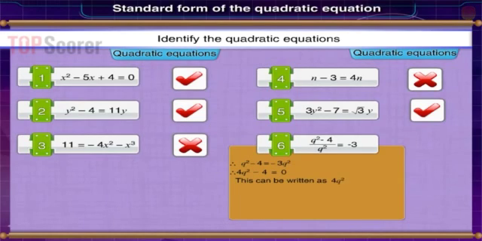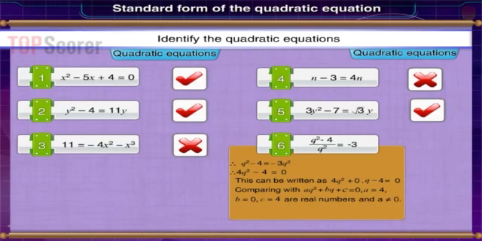This can be written as 4q square plus 0 into q minus 4 is equal to 0. Comparing with aq square plus bq plus c equal to 0, a is 4, b is 0, c is minus 4. a, b and c are real numbers and a is not equal to 0. Therefore, the equation q square minus 4 upon q square is minus 3 is quadratic.